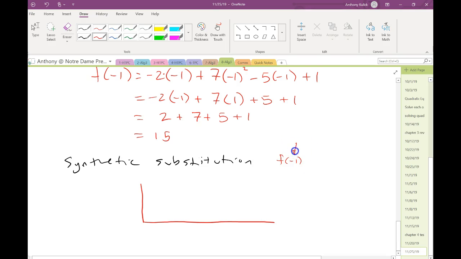If we're doing f of negative 1, just like we did before, I start by writing the negative 1 over there. And then inside the bar, I'm going to write the numbers negative 2, 7, negative 5, and 1, because these are the coefficients from f.